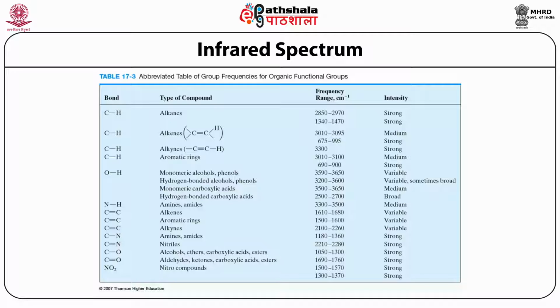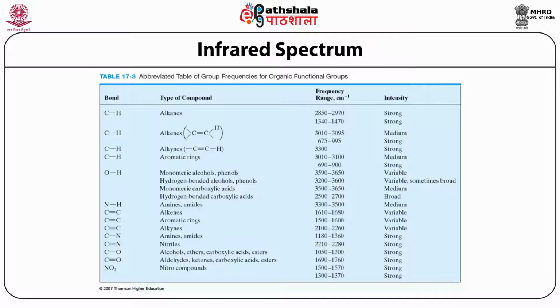And for the amide, you get a strong peak in the range of 1180 to 1360. For the nitrile, the carbon-nitrogen triple bond, the cyanide group, you get a strong peak at 2210 to 2280. For the C-O bond in the alcohol, ether, carboxylic acid and ester, you get a strong peak at 1050 to 1300.